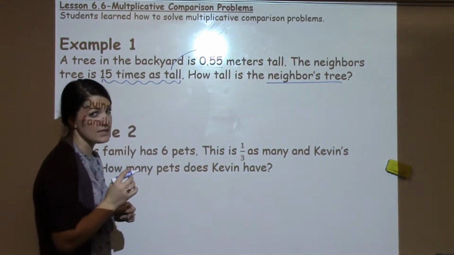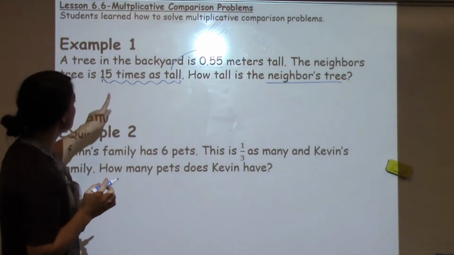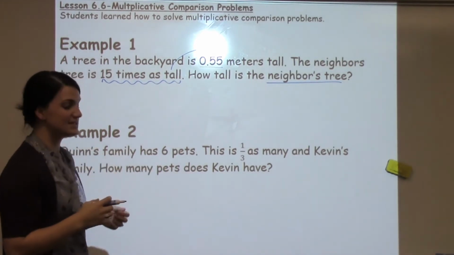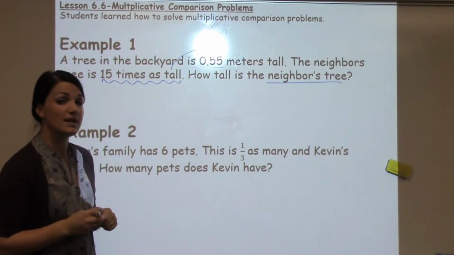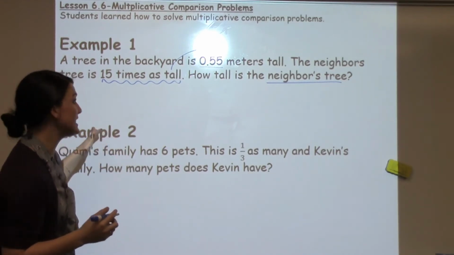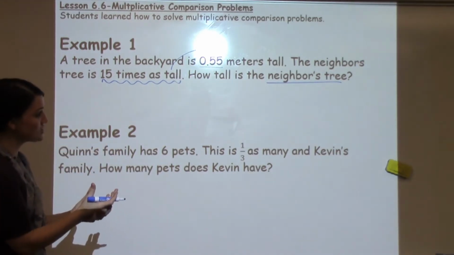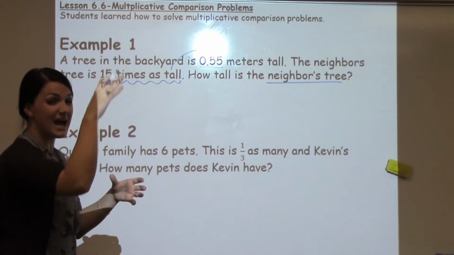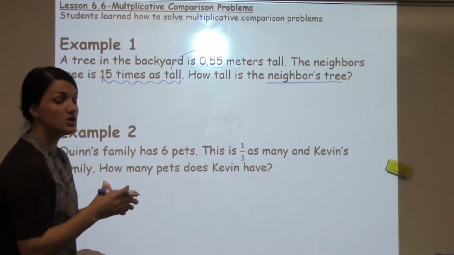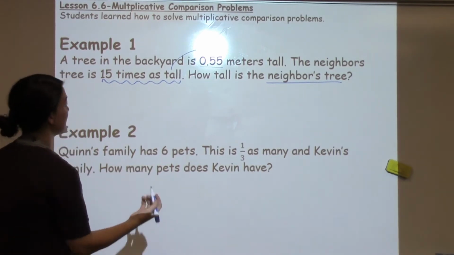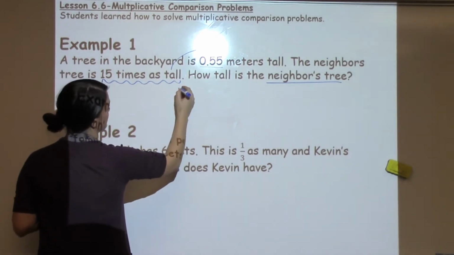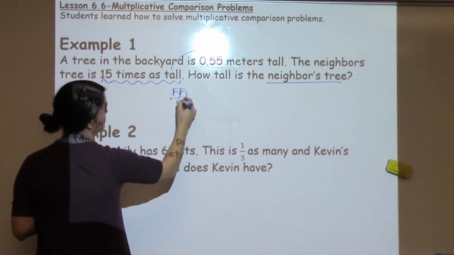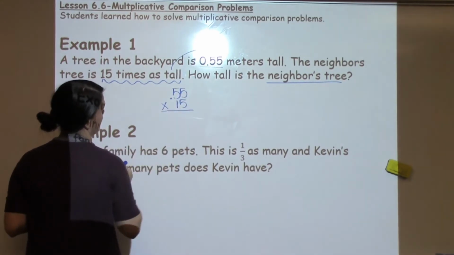Even though this says times big in our face, and I said before that sometimes it's going to be tricky, this one actually is simpler because my neighbor's tree is 15 times as tall as mine. So I know that I want it to be bigger. When I think about making something bigger, I do think about multiplication. So I'm going to take 5,500 times 15 to solve this problem.